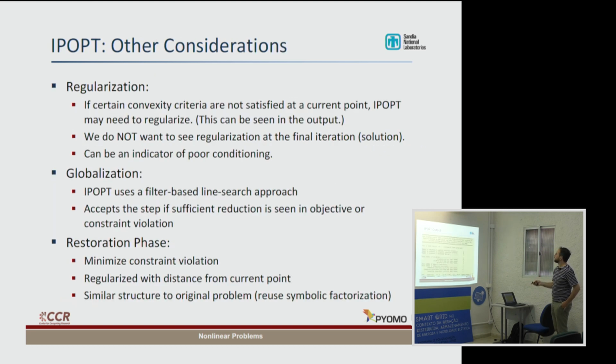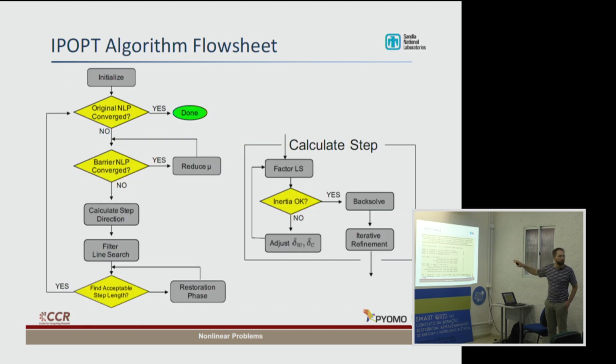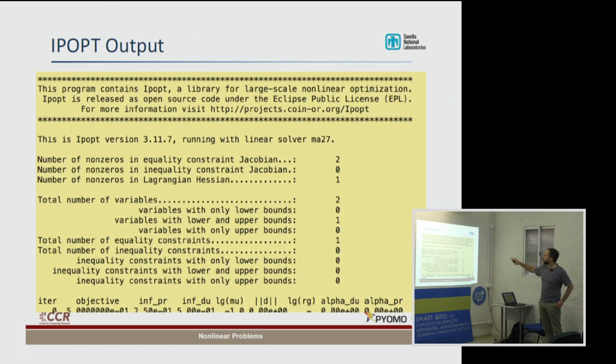I pass over the detail here. It might be useful if you want to use IPOPT in the future to look at this. It's actually the output of the algorithm, so if you want to understand the output once you use it, that will be explained here.